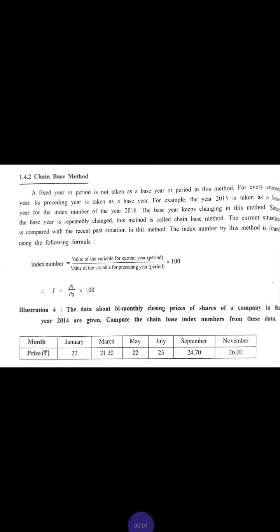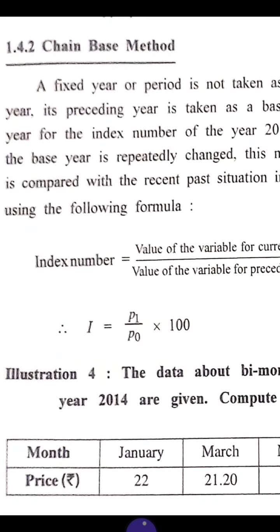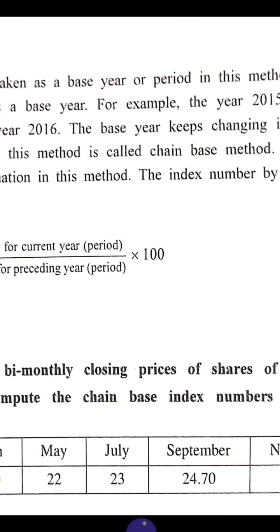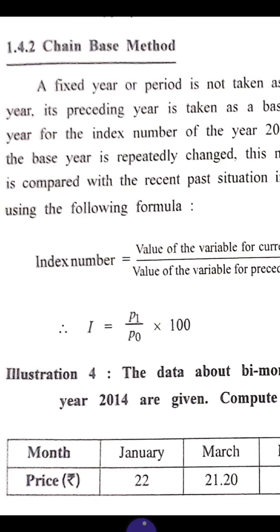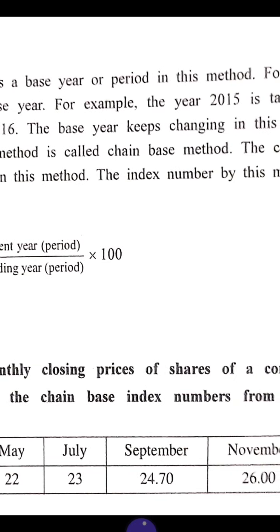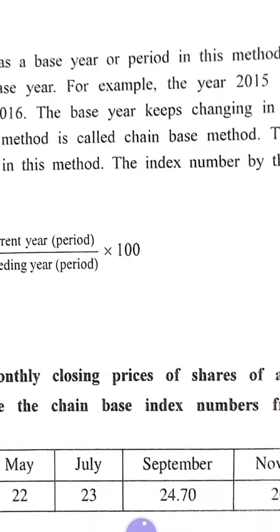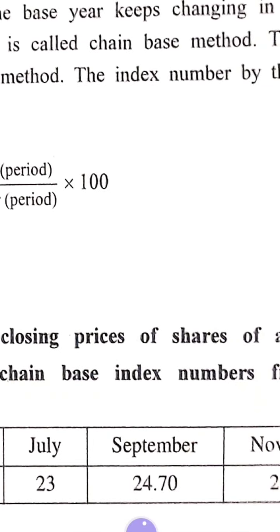Now over here we are going to see the next example, that is example number 4. The data about the bi-monthly closing prices of the shares of a company in the year 2014 are given. Compute the chain based index number from this data. Children, over here you would find they have already told you which method you are going to use, that is the chain based index number we need to find out.